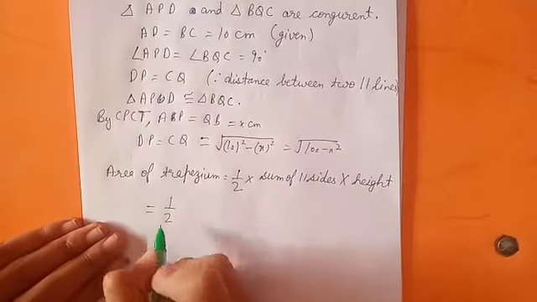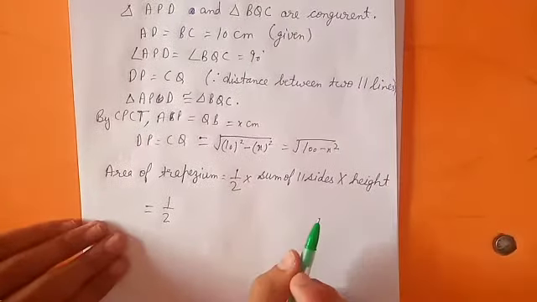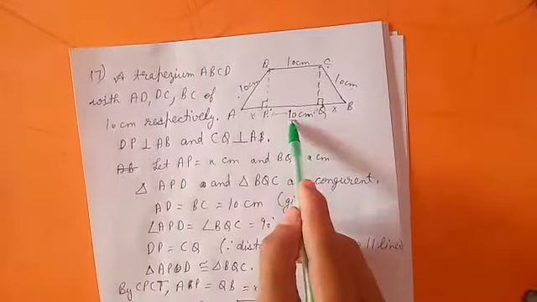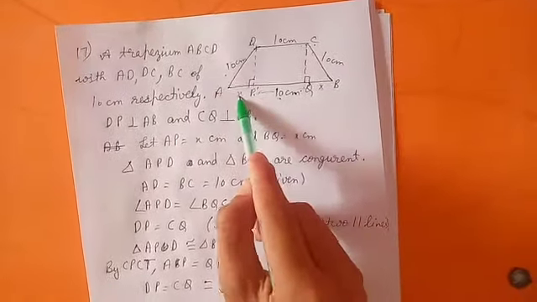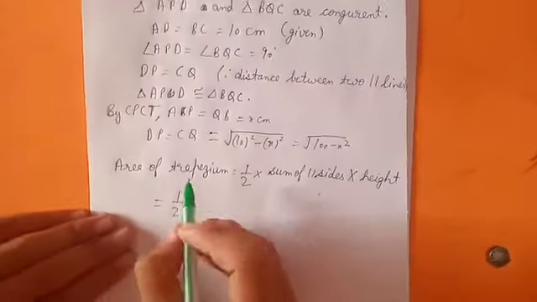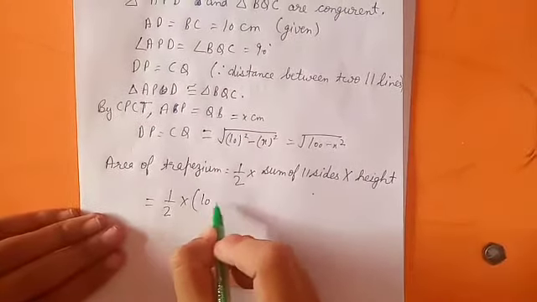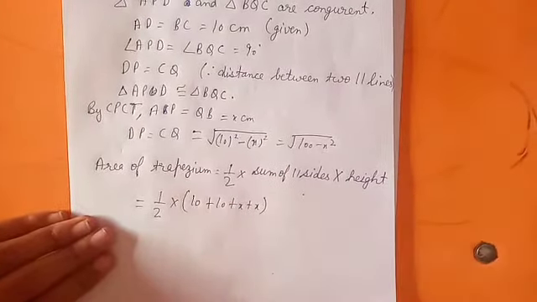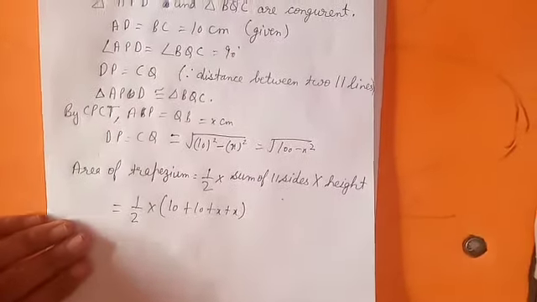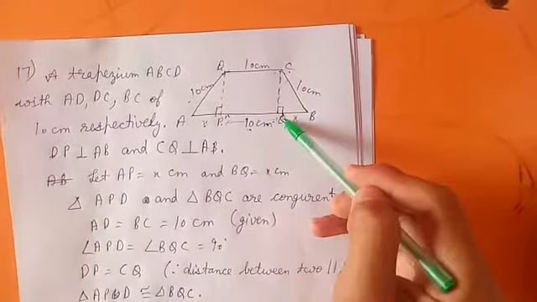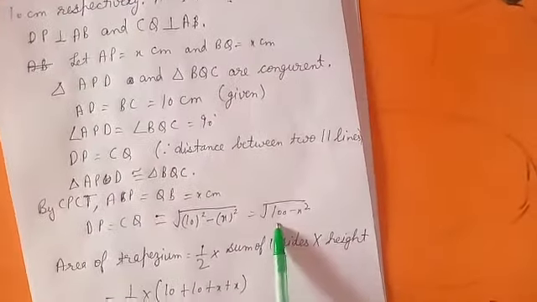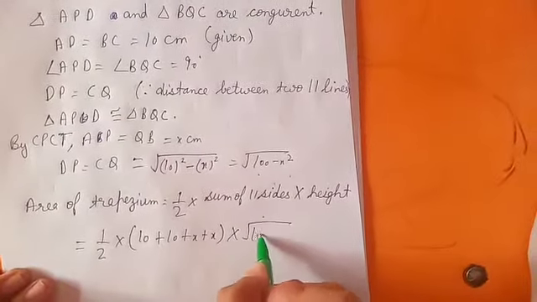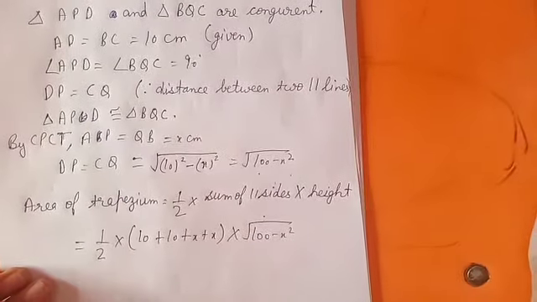One side is of 10 centimeter and the other side is of 10 centimeter plus x plus x. And what will be their height? Their height will be DP or CQ, and that value is under the root 100 minus x square.